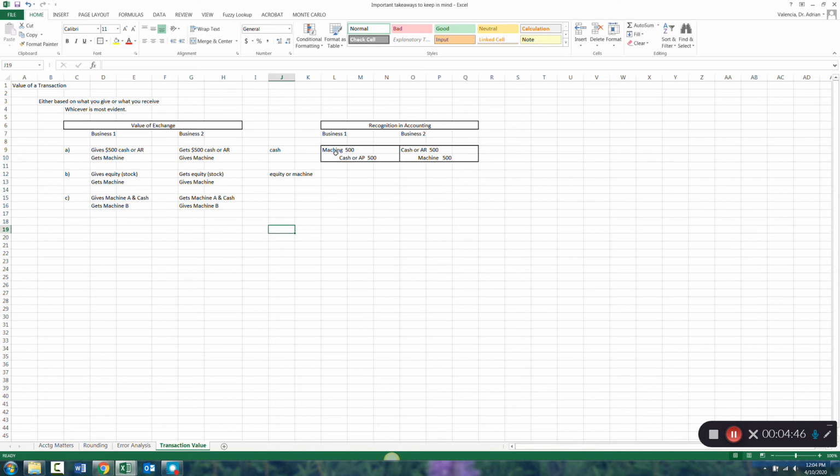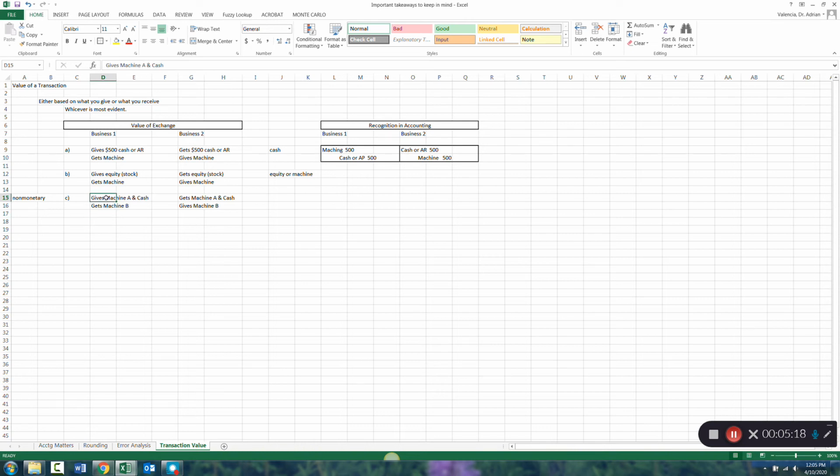Then we had scenarios that we saw in the topic of non-monetary exchanges. And if you recall, we might be exchanging machine A for machine B. So business 1 gives their machine A to business 2, and in return they get machine B. Now, here I've created an example that says that business 1 gives a machine plus cash.